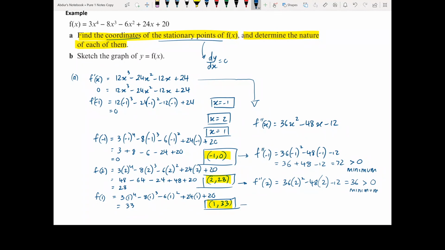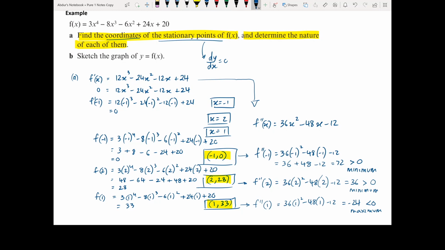And if we substitute the 1 into the second derivative, we get 36 lots of 1 squared minus 48 lots of 1 minus 12, and that gives us 36 minus 48 minus 12, which is equal to minus 24, which is less than 0, therefore a maximum here.